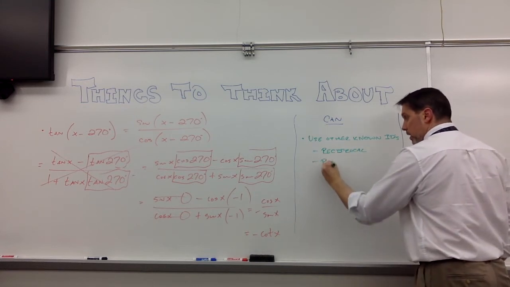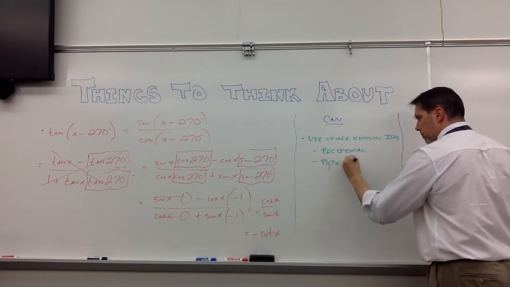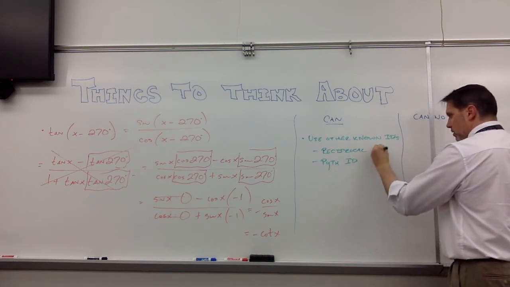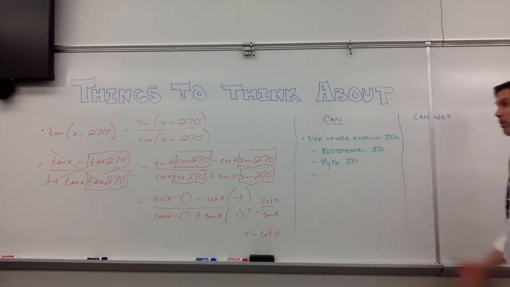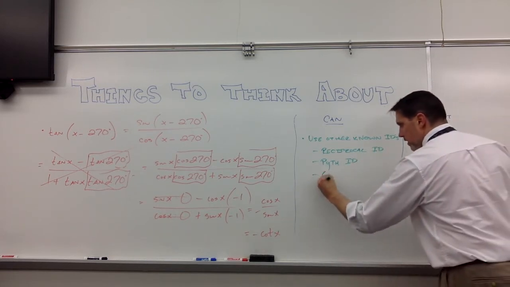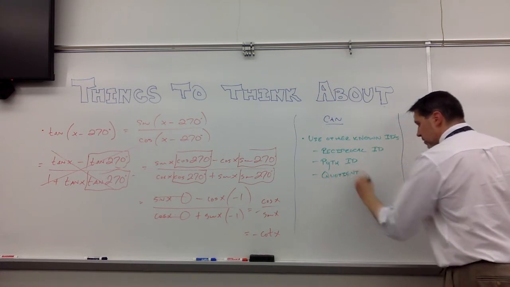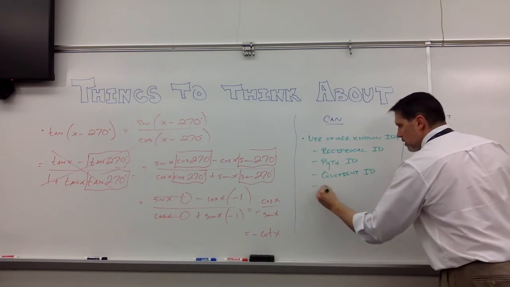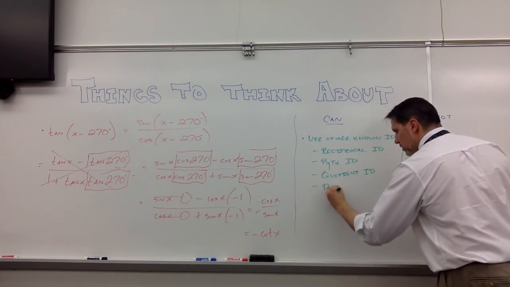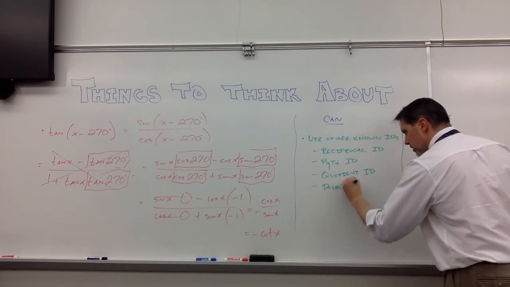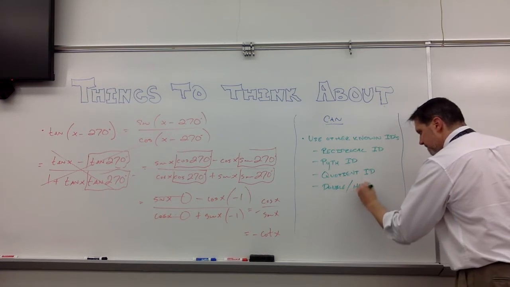Your Pythagorean identities, that's a big one. We could go with your quotient identities, double and half angle identities.